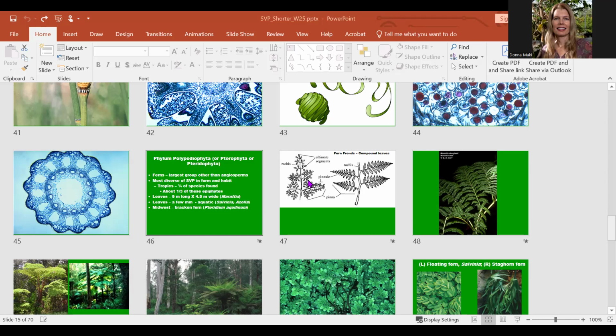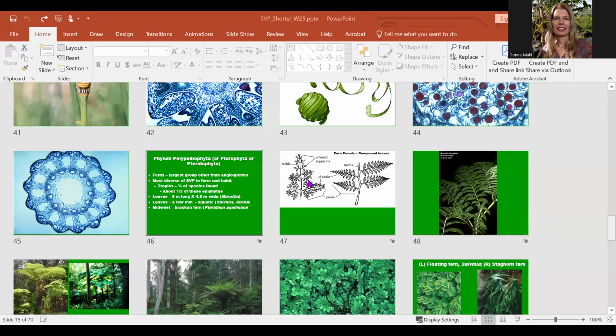Okay, what other questions do we have on the gymnosperms? Yeah, the pine needles are a little bit recessed or sunken. That's a good adaptation because their needles persist for so long.